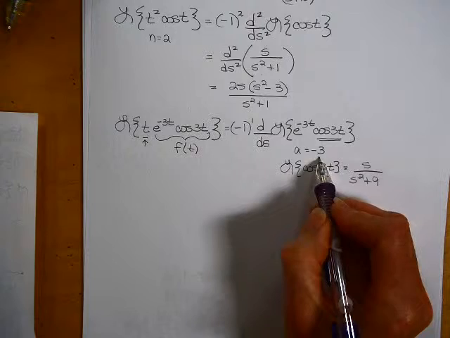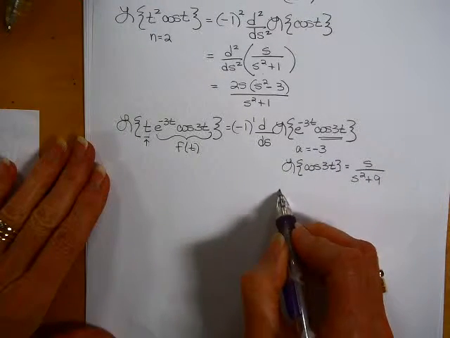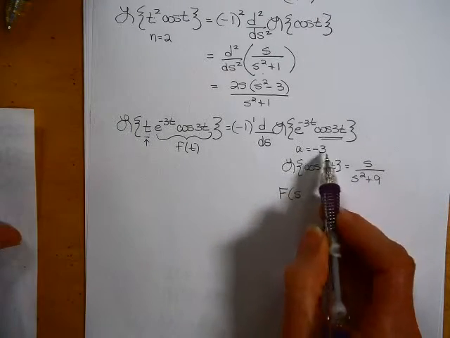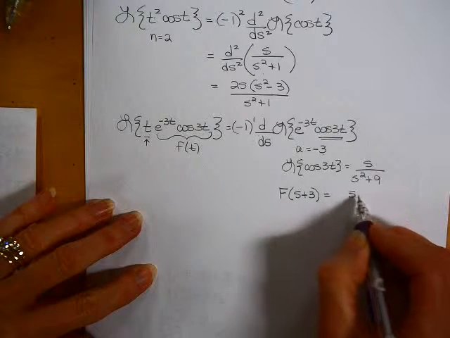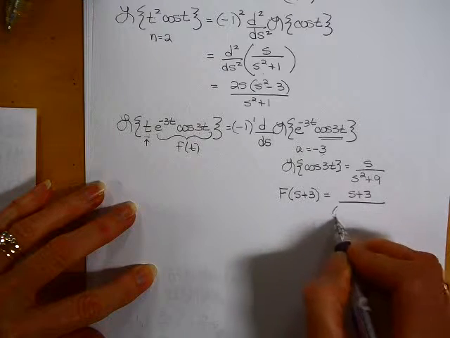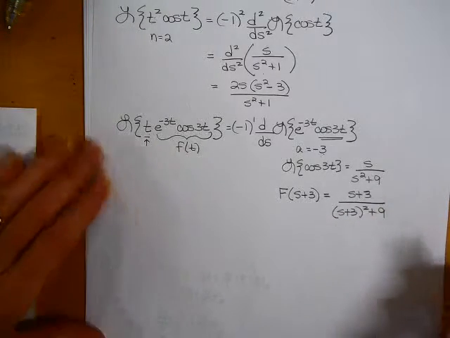But then I have a shift, and the shift means I need to take f of s minus this, which is s plus 3. So this is s plus 3 over s plus 3 squared plus 9.